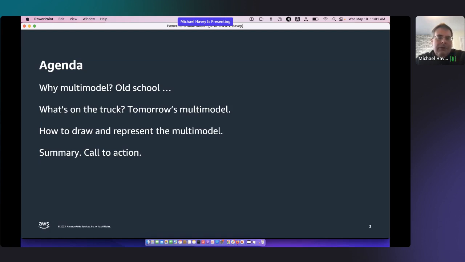So if I wanted to leverage many of these services, I could come up with more elaborate multi-model solutions. And that gets us to thinking about what tomorrow's multi-model would look like. Then I want to show how to draw and really how to represent a multi-model solution using an example that involves movies. And I'll conclude with a summary and a call to action.